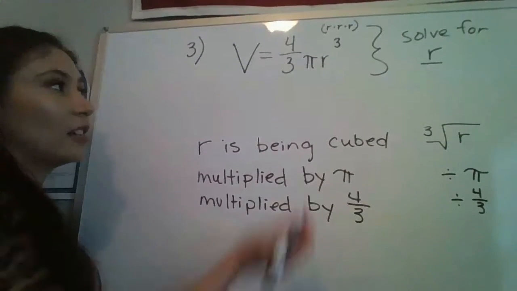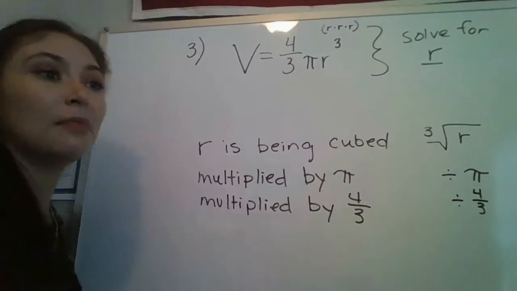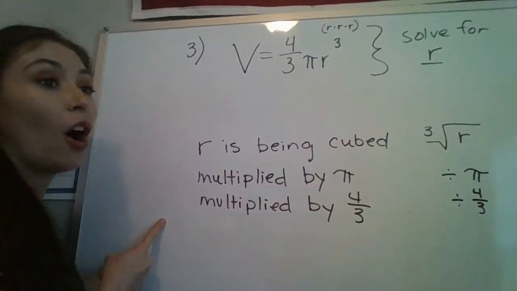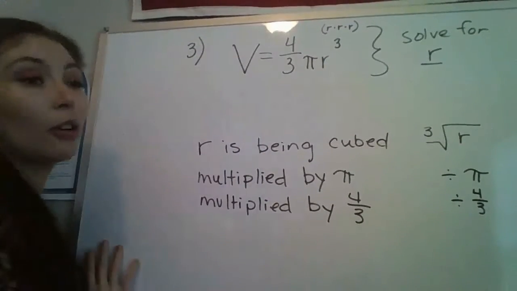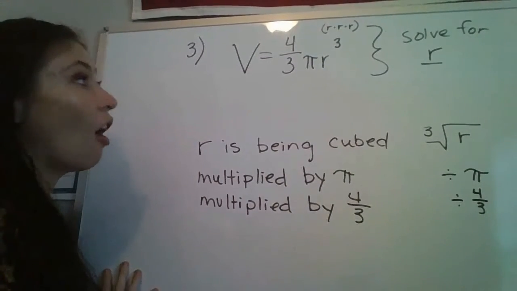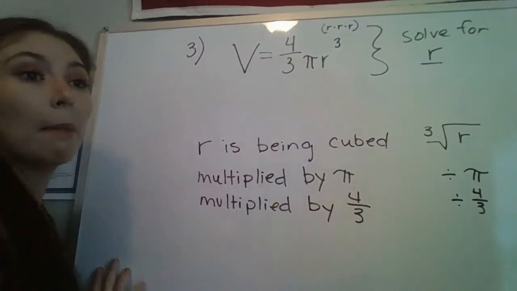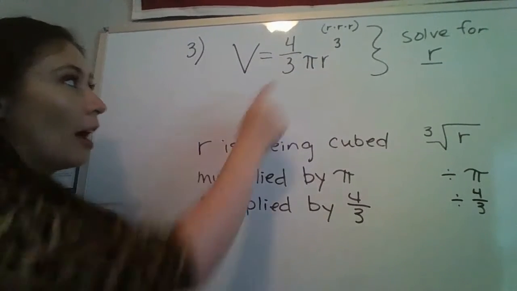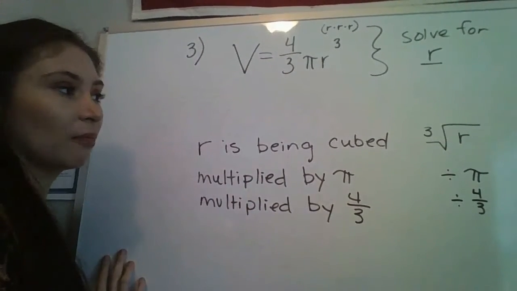My next step is to look at my equation and write down every operation that is being performed on r in the original equation. R is being cubed, R is being multiplied by pi, and R is being multiplied by 4 over 3.